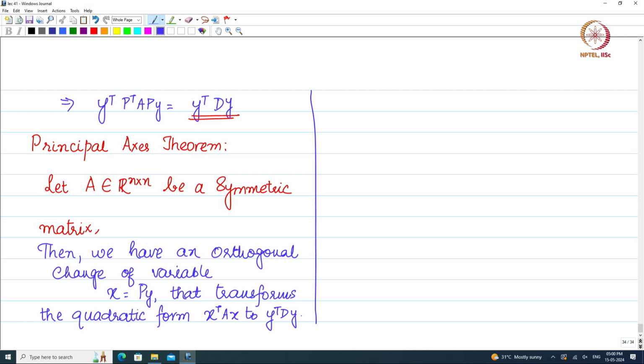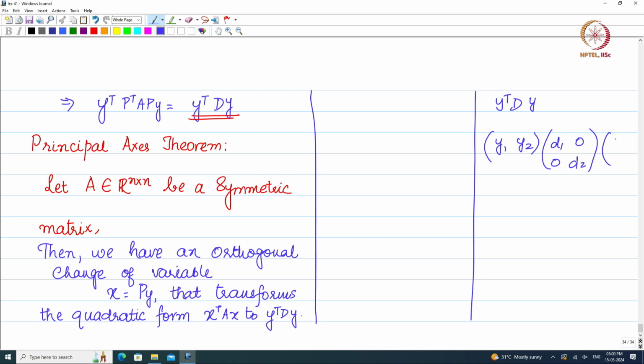That is something which we want to explore. So, let us do that and then come back to fill the gap that we have. So, what is y transpose D y? Let us look at this. Let us just take y1 y2 and D with d1 and d2 on the diagonal and zeros elsewhere.